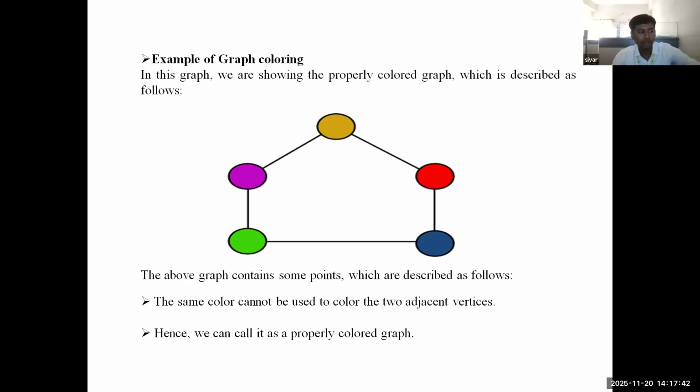Once you look at the graph, no two adjacent vertices have the same color. The above graph follows the same point: the same color cannot be used to color two adjacent vertices. Hence, we can call it a properly colored graph.